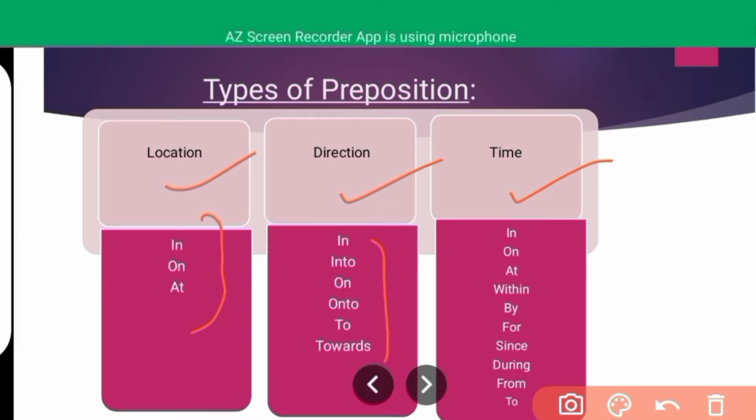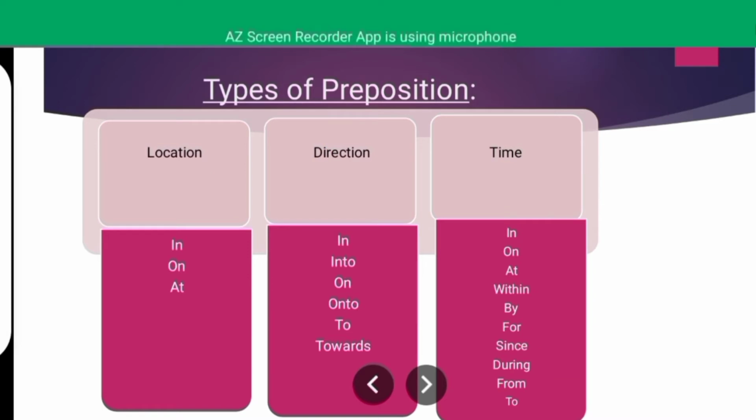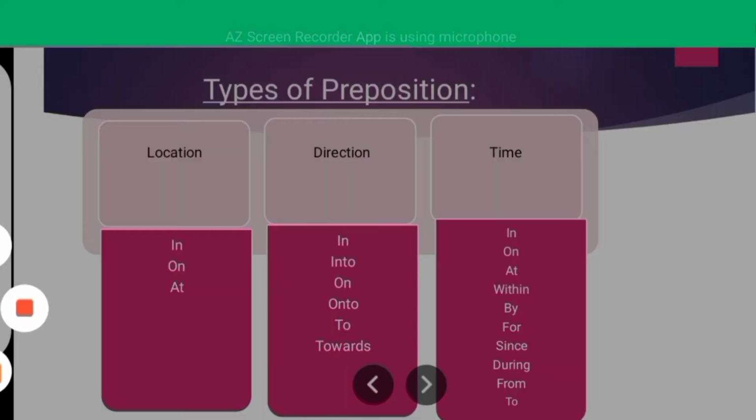In, into, on, onto, to, and towards are the prepositions that come under the category of preposition of direction. Next, in the preposition of time comes in, on, at, within, by, for, since, during, from, and to. These are some prepositions, and these are used according to the situation in the sentence.